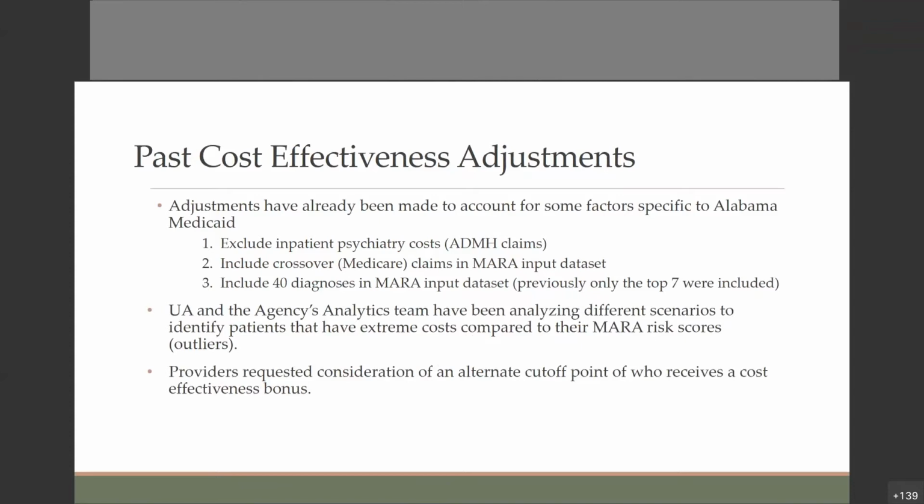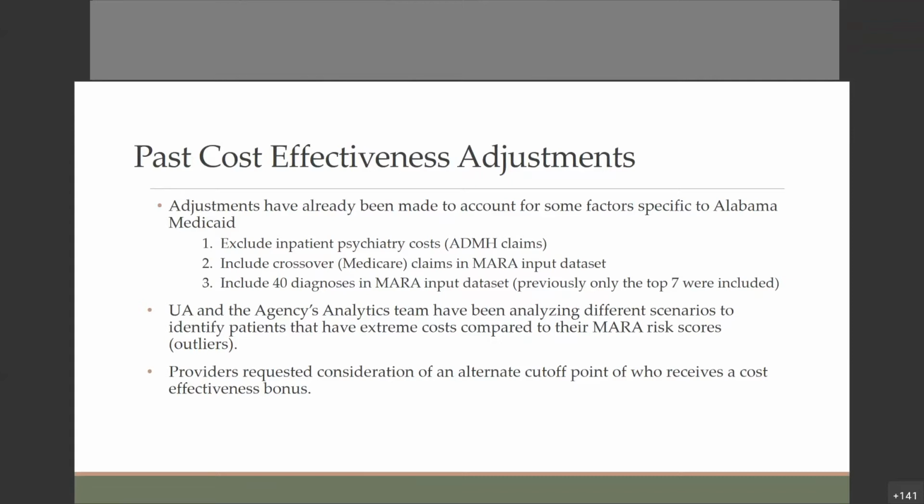So for example, we've excluded inpatient psychiatry costs that are mostly covered by Alabama Department of Mental Health. This is a really good example of where we thought that MARA would risk adjust it properly, but because of the way that Alabama Medicaid and Alabama Department of Mental Health pays for those claims, we're not capturing the full clinical detail.